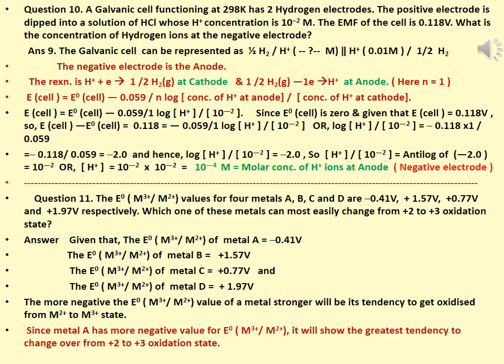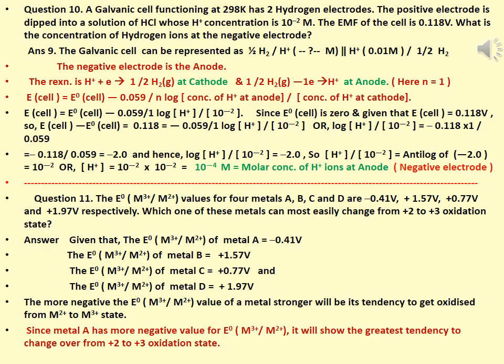So H plus ion concentration is 10 power minus 2 into 10 power minus 2. Add the powers, and you get H plus ion concentration as 10 power minus 4 moles per liter. That would be the molar concentration of H plus ions at the negative electrode, which is the anode.